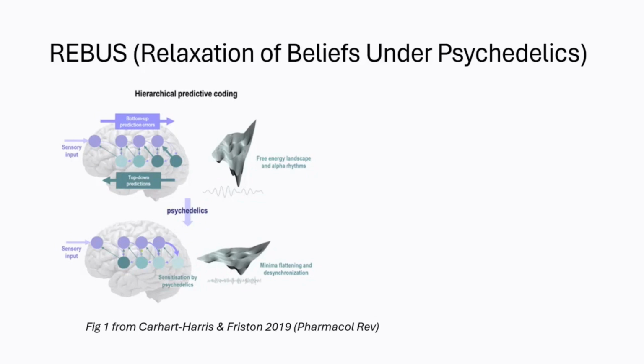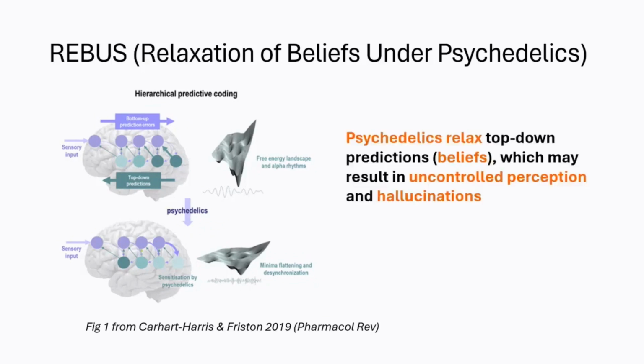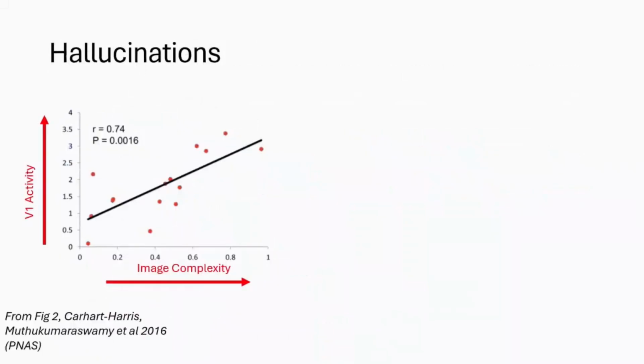And again, we can consider hallucinations as kind of a mistake where the brain is going, well, that actually shouldn't be there and shouldn't be looking like that, but there's nothing to tell the brain that because of these top-down predictions being silenced. And so psychedelics relax these top-down predictions or beliefs, which may result in uncontrolled perceptions and hallucinations.